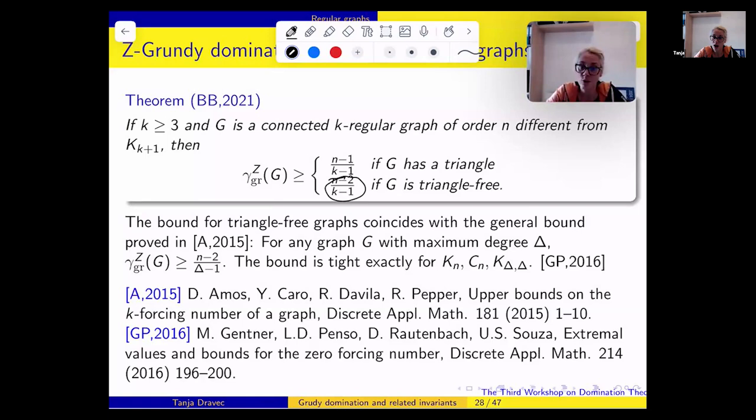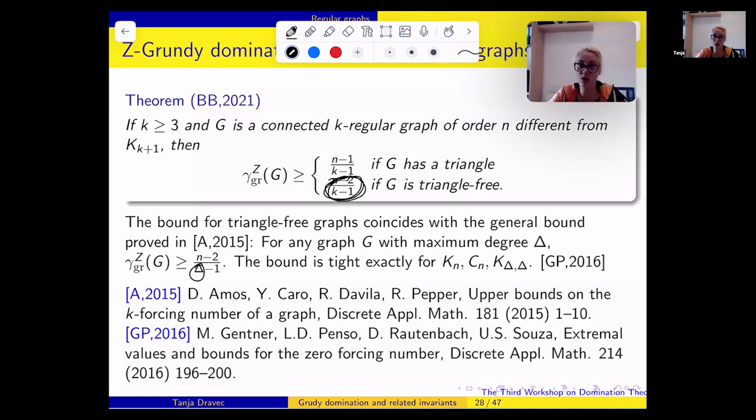Because Amos, Caro, Davila, and Pepper proved that in an arbitrary triangle-free graph, the Z-Grundy domination number is at least (n minus 2) over (delta minus 1). Of course, in regular graphs we change delta to k, and we get this bound here.